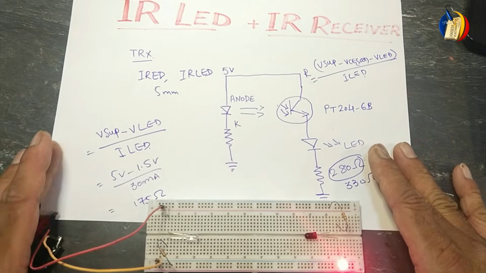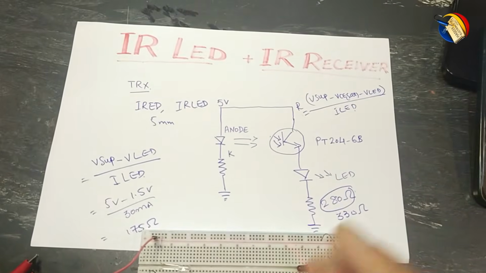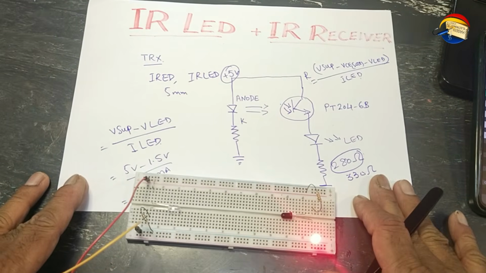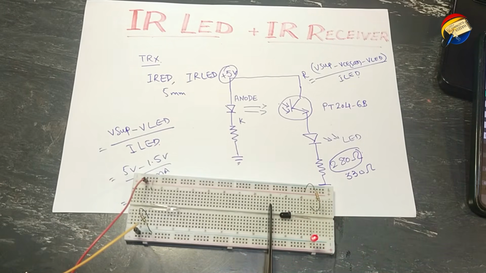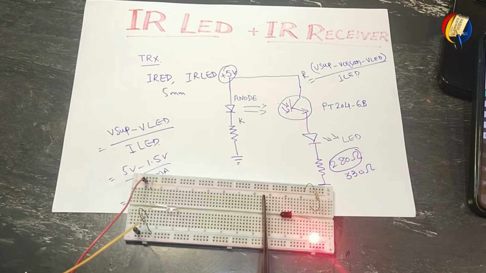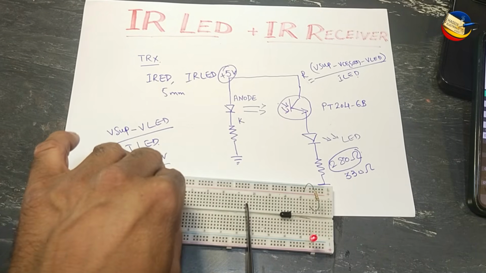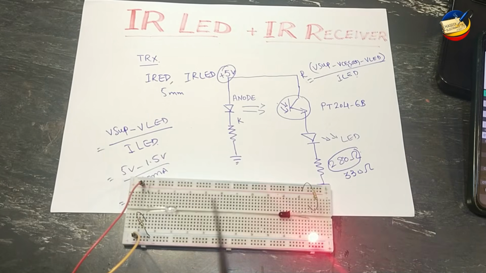We have our required result now. I connected the positive supply here. This time it is transmitting light, but we cannot see it with our normal eyes because it is infrared.